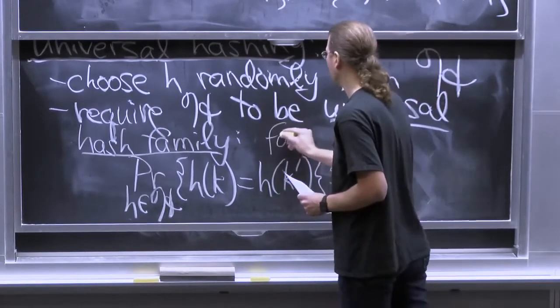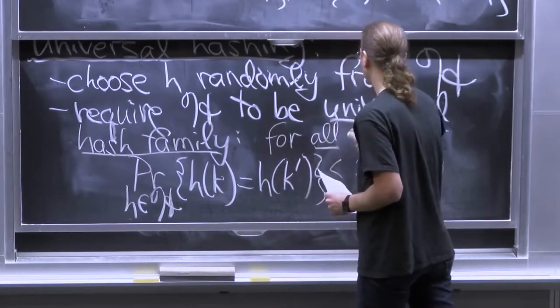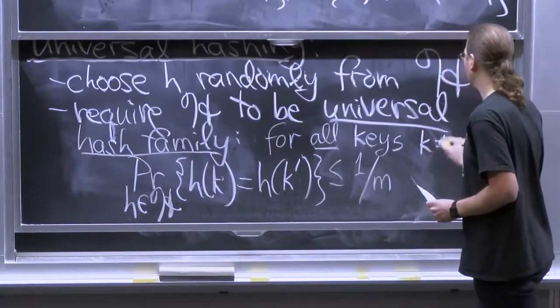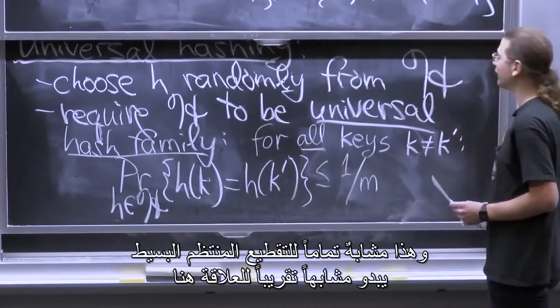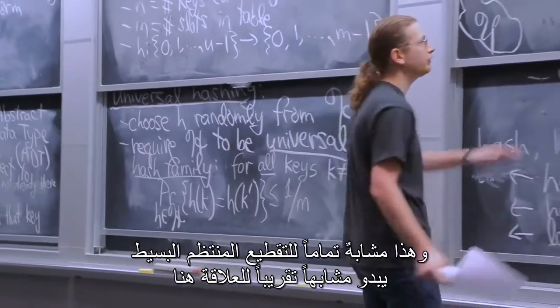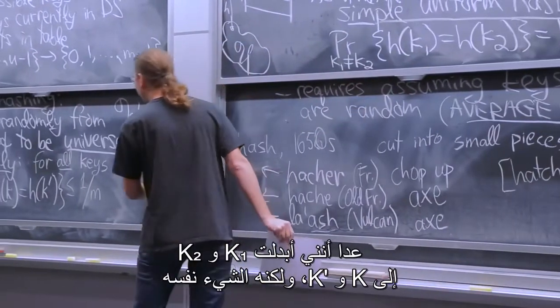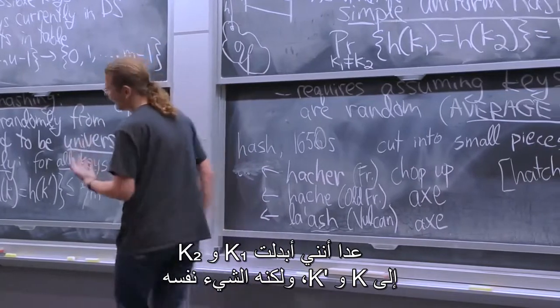This is very similar looking to simple uniform hashing. Looks almost the same here, except I switched from K1 and K2 to K and K prime, but same thing.